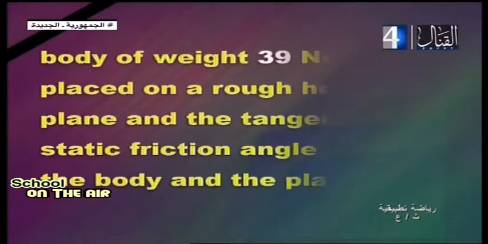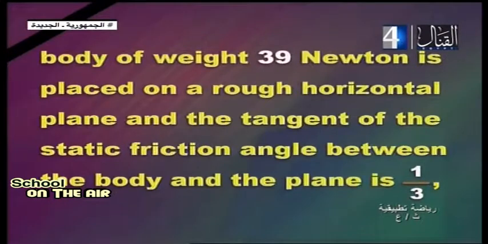Now we move to another one. A body of weight 39 Newton is placed on a rough plane, and the tangent of the static friction angle between the body and the plane is a third. What is the meaning of the tangent of the static friction angle? Tan theta equals mu.